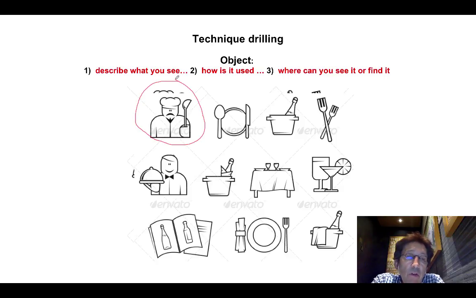On the top left-hand corner, go ahead and describe, following the 3 parts: describe what you see, how is it used, and where can you find it? Try not to use the proper name, but describe everything you see.